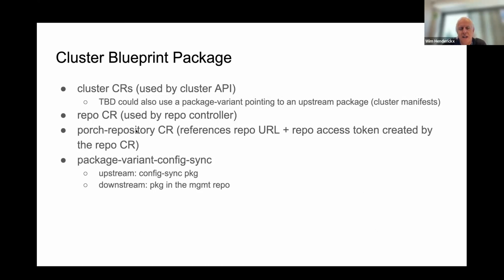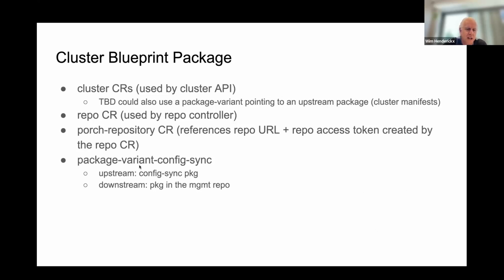So that is the CR to create the URL for ports to link it to this repo that will be created. And then we have a package variant config sync. So this is a package variant that upstream ties to the config sync package, and downstream is referencing the management repo package, and it needs to basically resolve the root sync to be specific for that cluster.